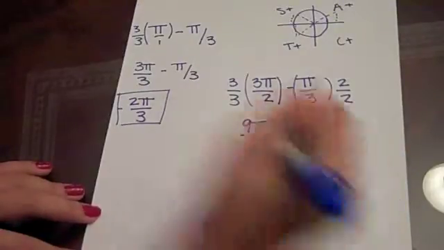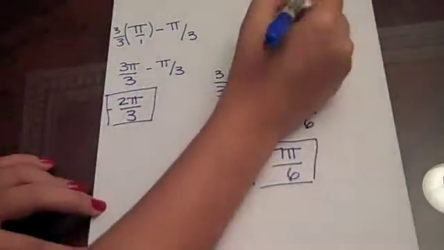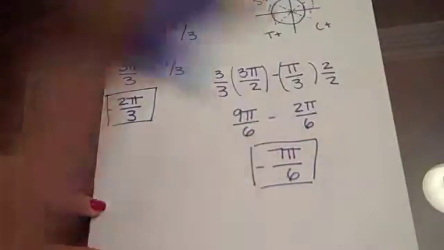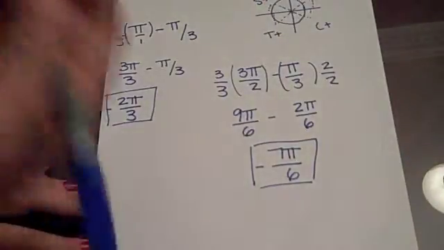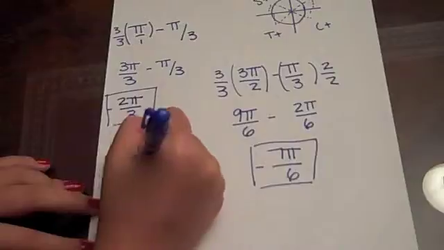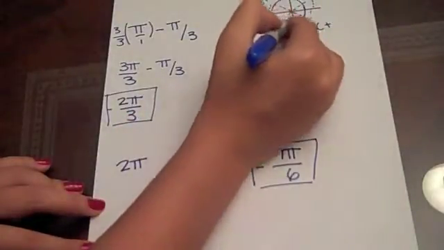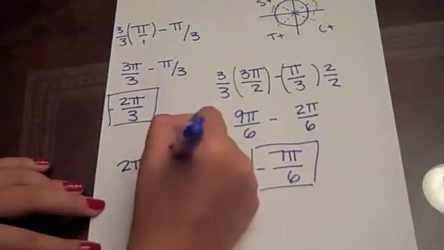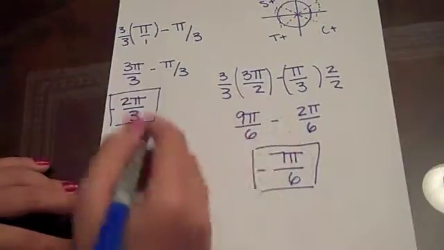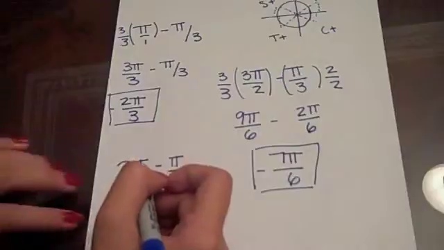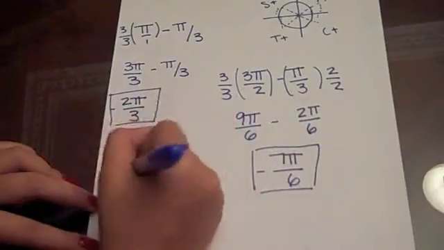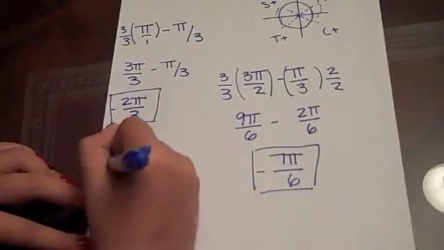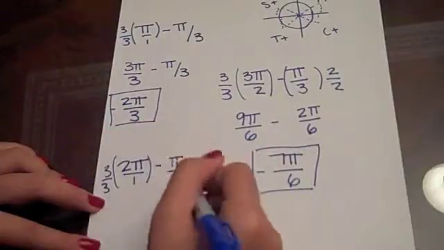And then the last one is finding this angle. So, what we must do is 2 pi, since this entire rotation is equal to 2 pi, minus pi over 3. Then, we must get a common denominator, so we multiply this side by 3 and leave this one alone.